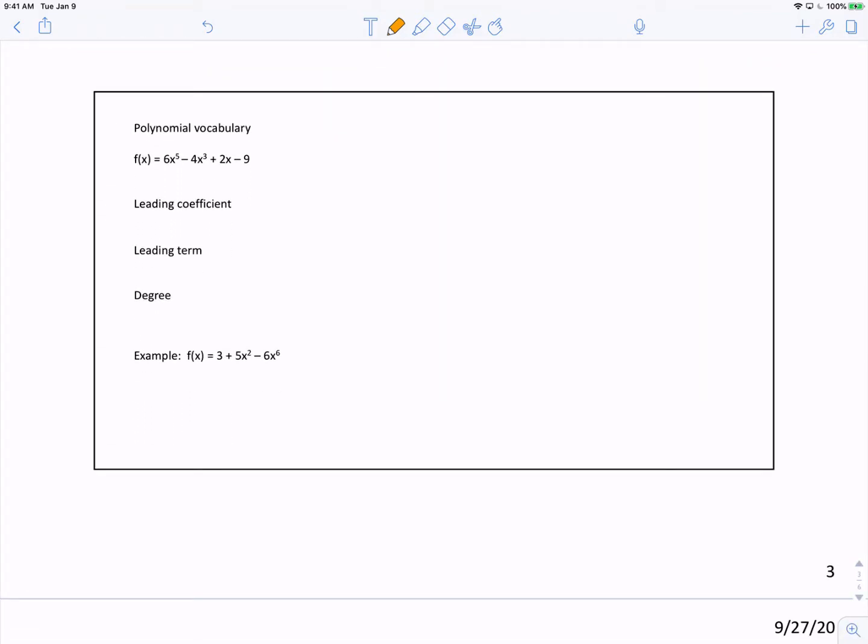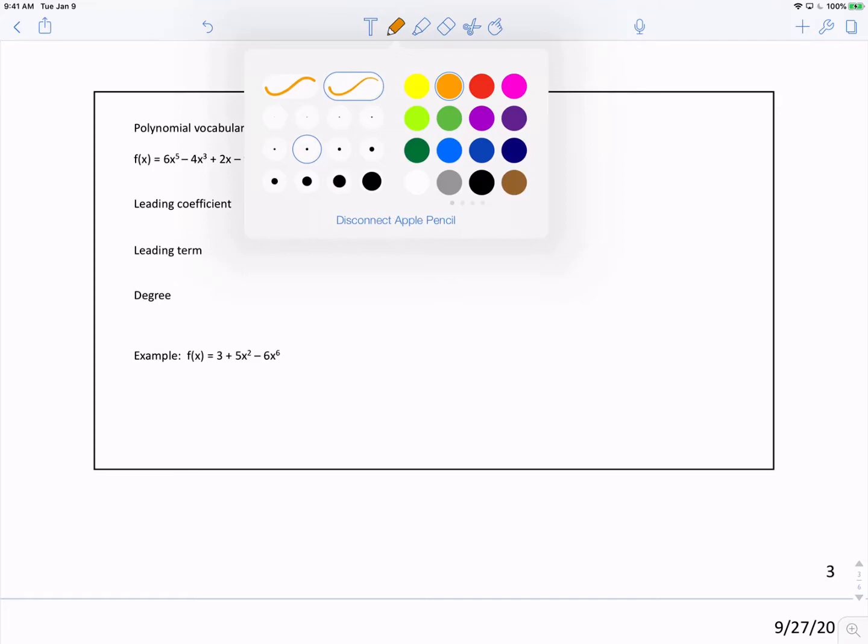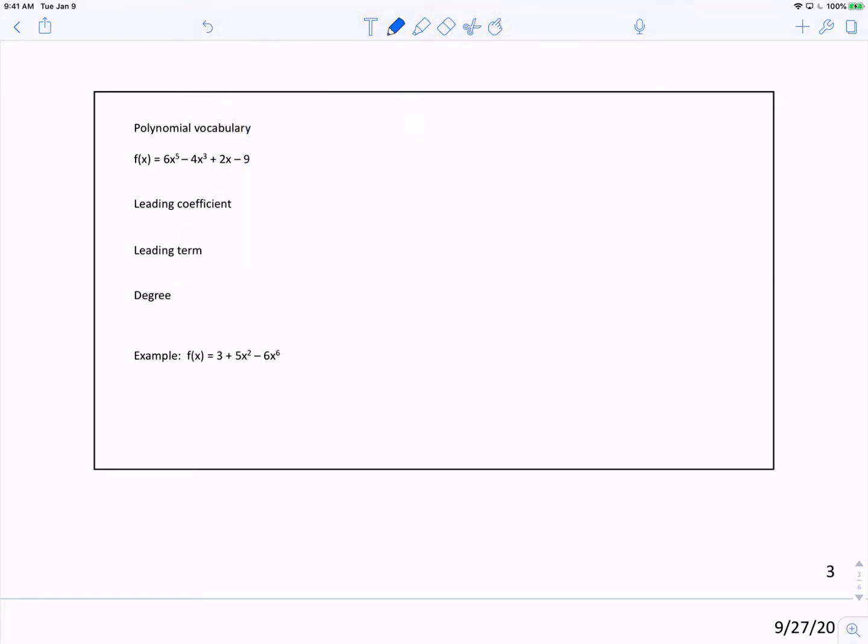So just to review some polynomial vocabulary, which I think you're already familiar with, the lead coefficient is the coefficient of the leading term, once the polynomial has been put in what we call standard form, meaning that it has been arranged from highest power to lowest power.